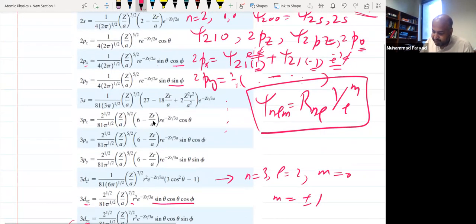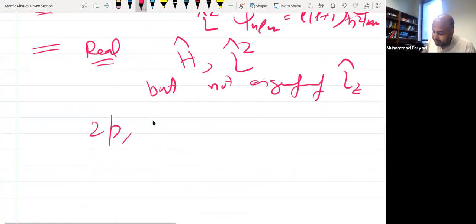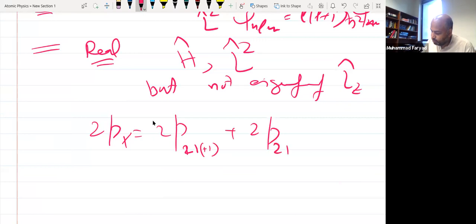So this 2px, this was obtained by 2p, psi 21 plus 1 and 21 minus 1.